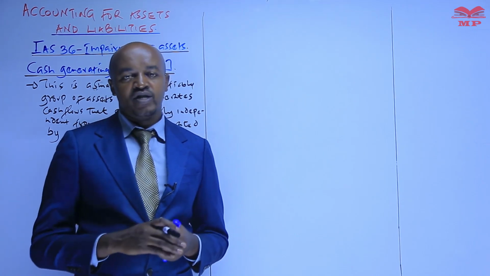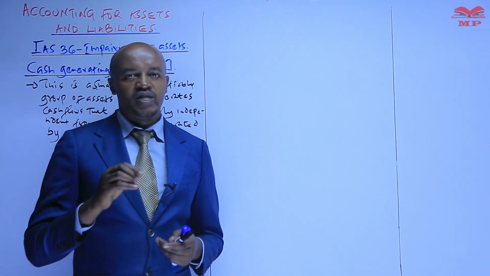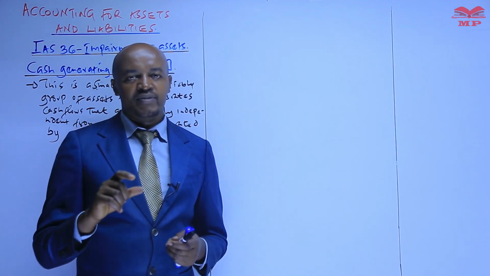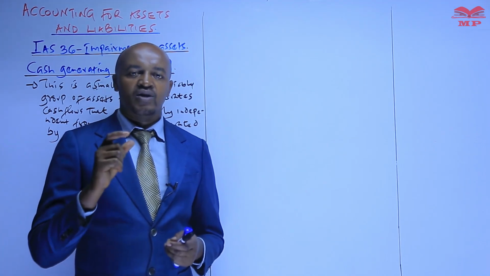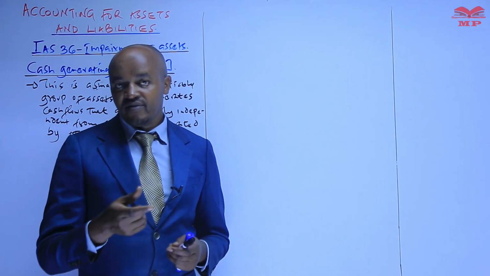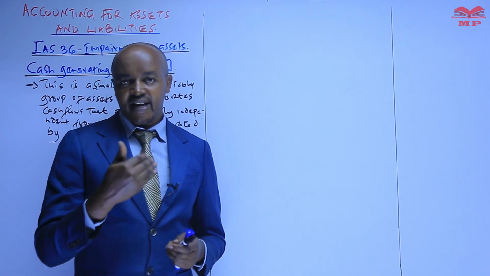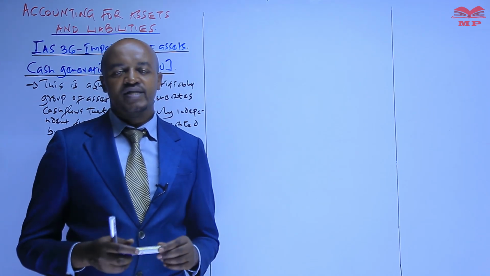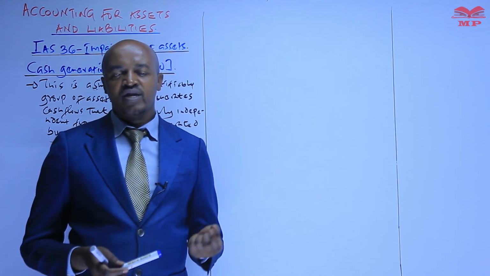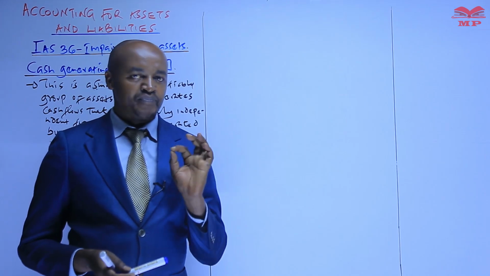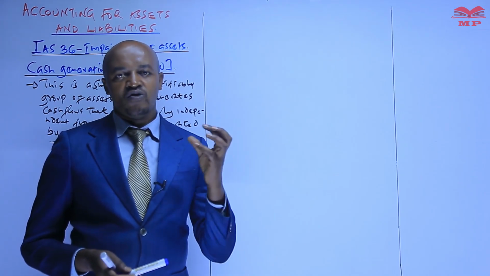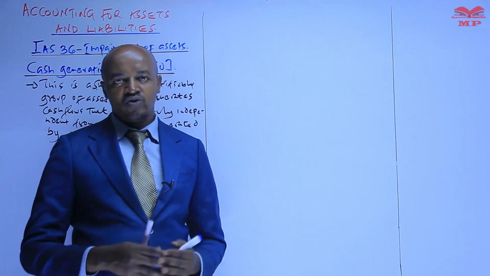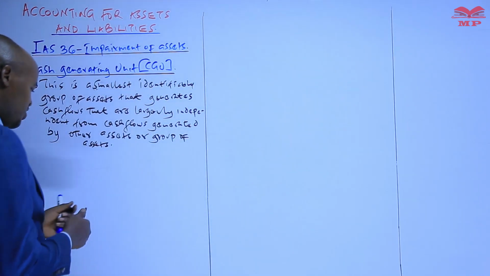It is also important to recall that to determine the impairment loss of an asset, you need to compute the value in use. We compute the value in use or the recoverable amount of an asset using the cash flows generated by the asset. And because individual assets do not generate cash flow on their own, it is not possible to determine the impairment loss of individual assets within that group. Rather, we determine the impairment loss of the entire cash generating unit.